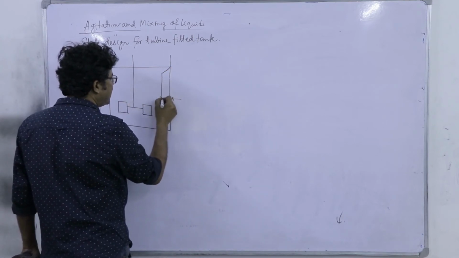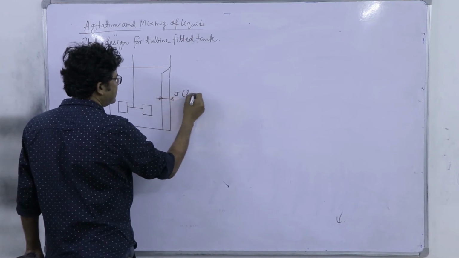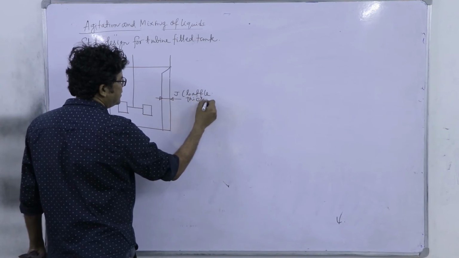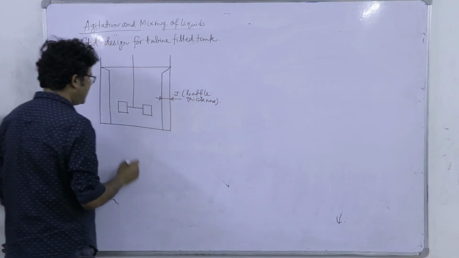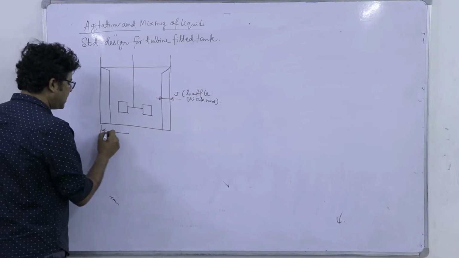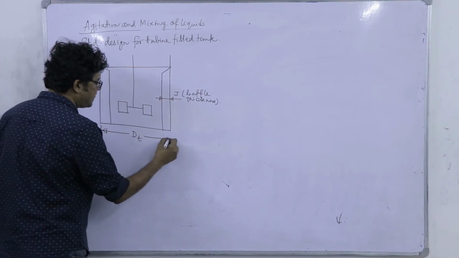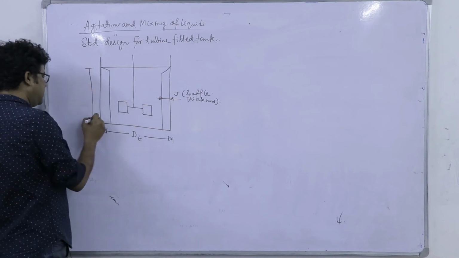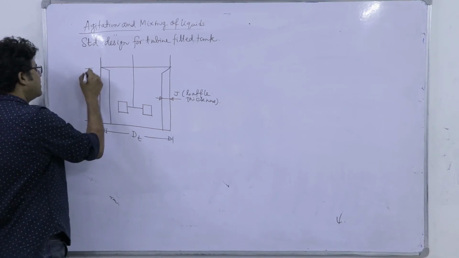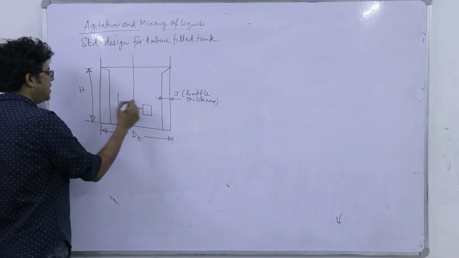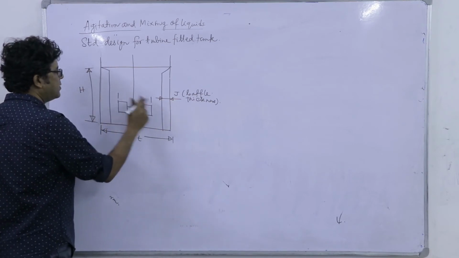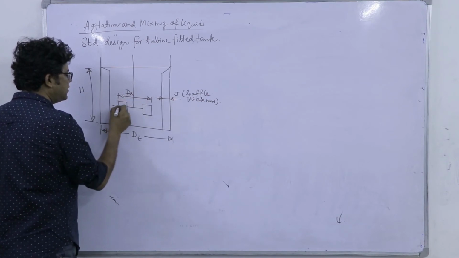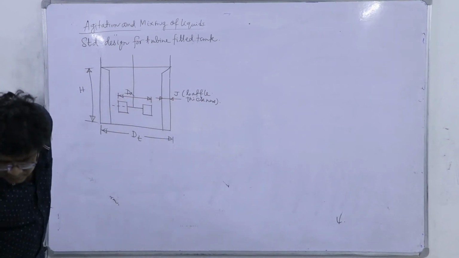Now, J we call the baffle thickness, though it is not geometrically the thickness but rather the width of the baffle, but it is called baffle thickness. Tank diameter is dt. Height of the liquid is h. Impeller diameter is dA. Position of the impeller from the bottom is E.